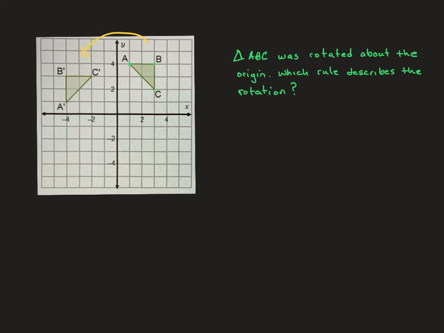And if I wasn't able to look at that real quick and say 90, okay, let's look at my rules, or let's look at my point. It looks like point A is 1, 4, and it maps to A prime, which is going to be -4, 1.